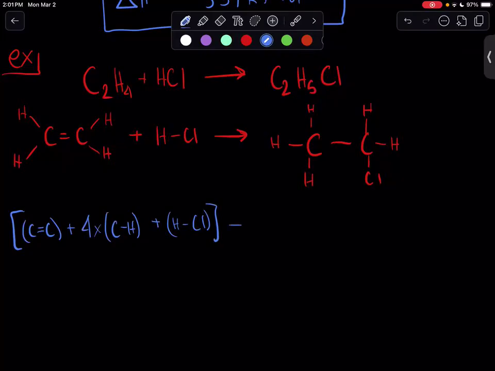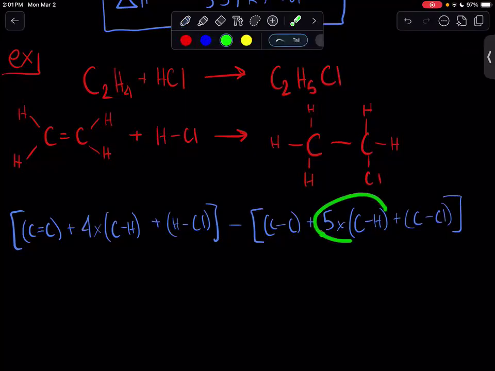We're going to subtract that from our carbon-carbon single bond. But now we have 5 times carbon-hydrogen single bonds. And then lastly, we have our carbon-chlorine single bond. Something you can do to make your life a little easier is I notice I have carbon-hydrogen single bonds and carbon-hydrogen single bonds, and we're subtracting them.